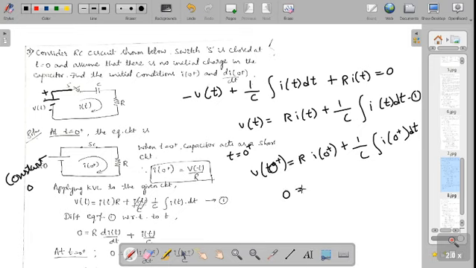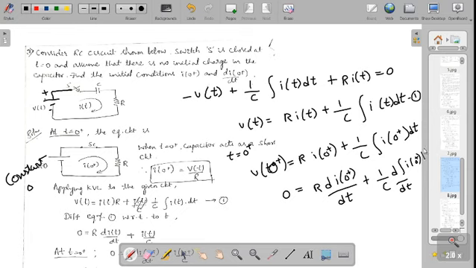So 0 equals R into the derivative of the current, dI of 0 plus divided by dt, plus 1 by C into d by dt of the integration of I of 0 plus dt.